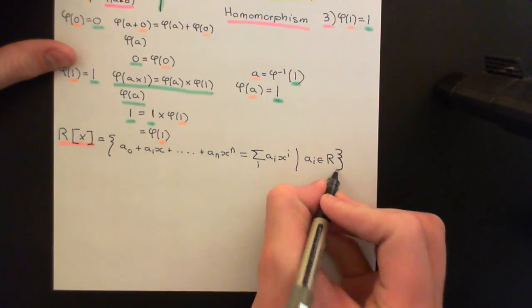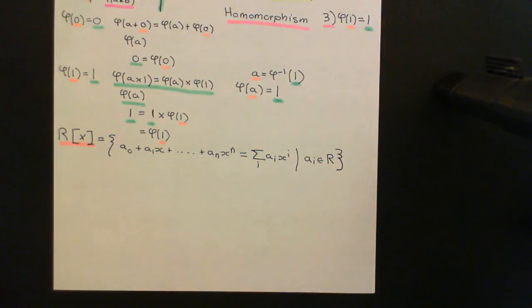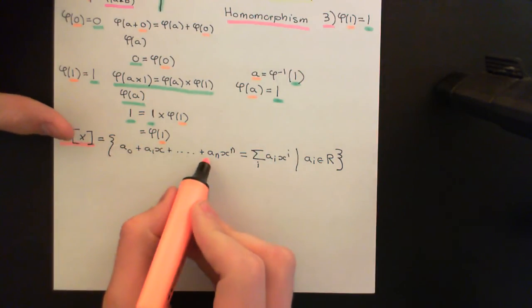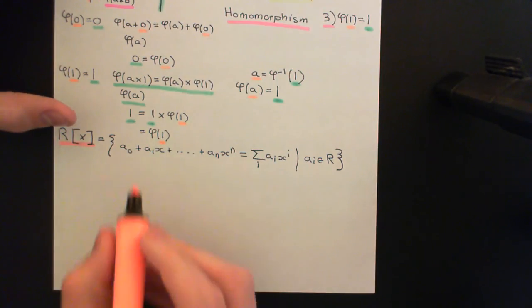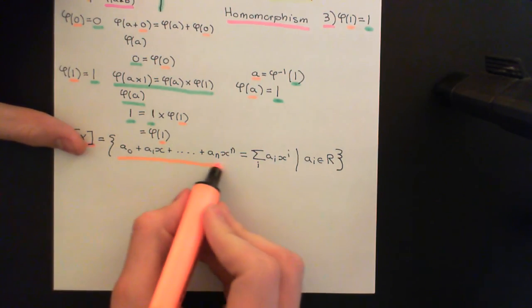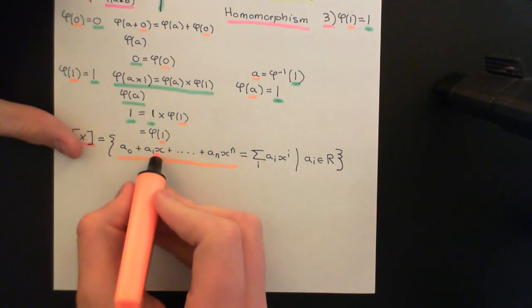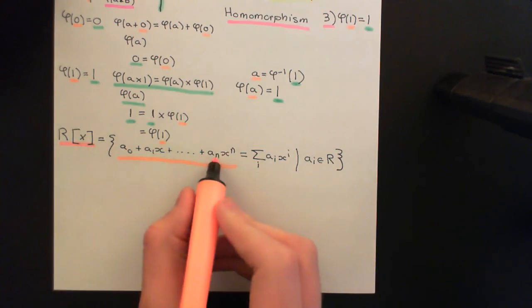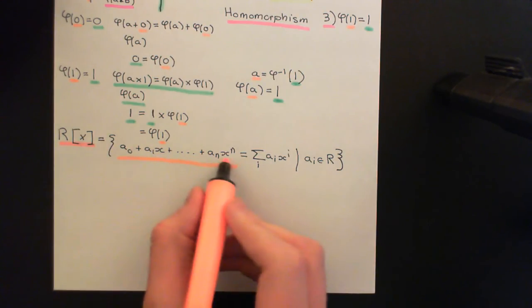Now remember, initially when you define this great big set, these things are just symbols. You should not see this addition initially as being an addition. It's just an addition symbol. This is just a great big symbol. What you've done is taken this symbol x, and stuck elements of the ring in front of the different powers of x.